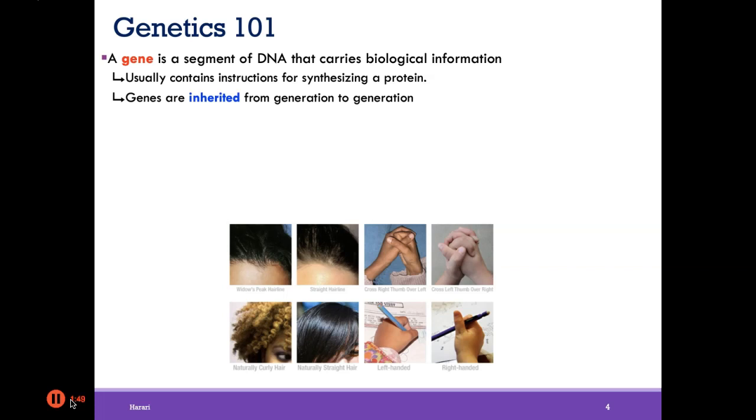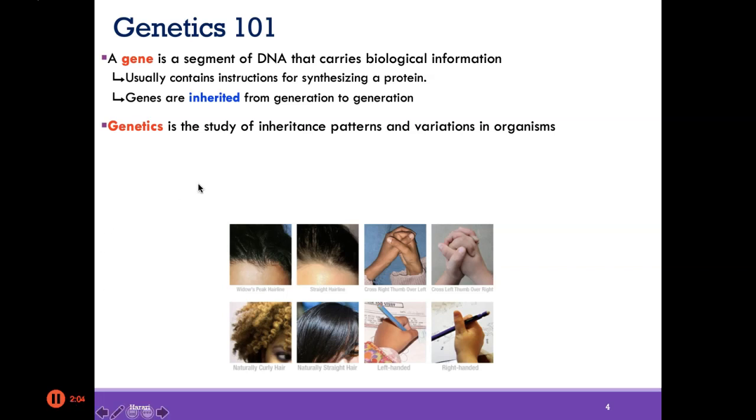These genes are inherited from generation to generation. If you remember, one of the fundamental characteristics of all living things was that in reproduction, DNA is passed on from one generation to the next. So genes are inherited from generation to generation, and genetics is the study of inheritance patterns and variations in organisms.